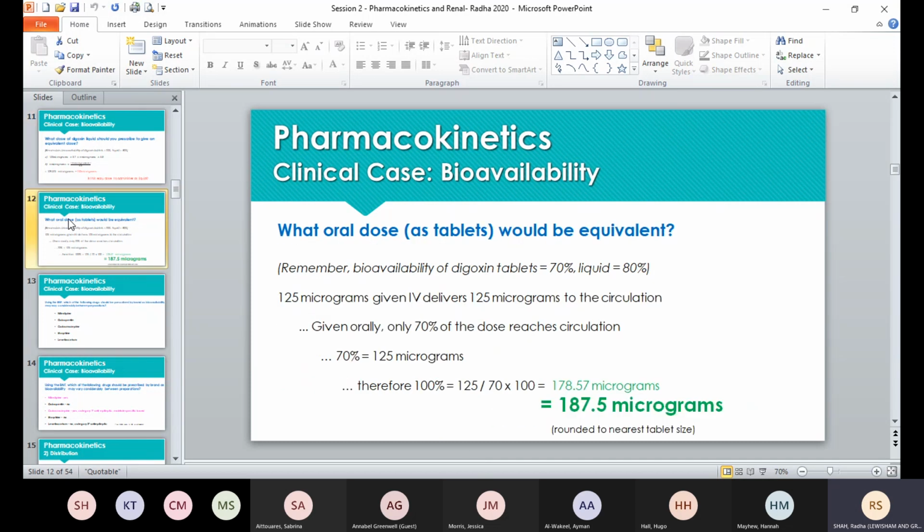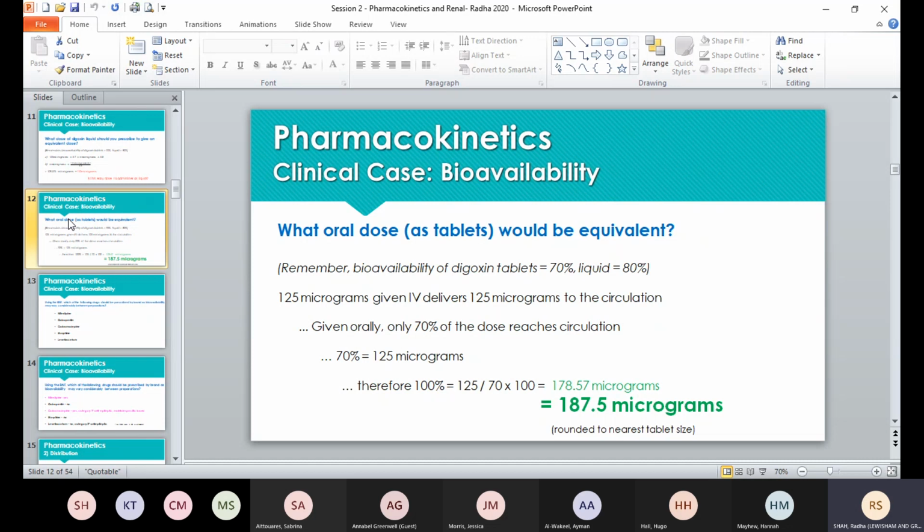But I will go through the specific calculation. So 125 micrograms is given, IV delivers 125 micrograms into the circulation, but if given orally, only 70% of the dose reaches circulation. So 70% equals 125 micrograms.